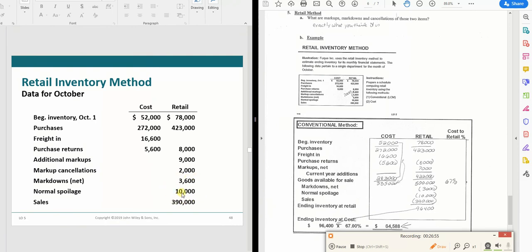So I'm simply going to take sales of 390,000. I'm subtracting that. Remember, let me go back to the other one here a second.